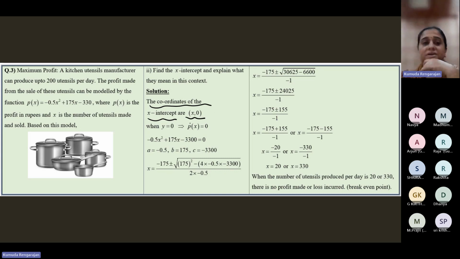Where it intersects the x-axis, y is 0. On the x-axis, y is 0, meaning P of x is 0. This is only y. Y is 0 meaning P of x is 0, and P of x is 0 meaning this expression is 0.